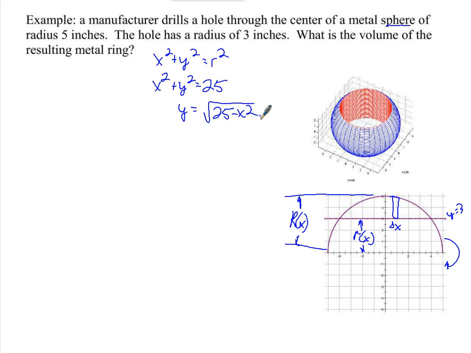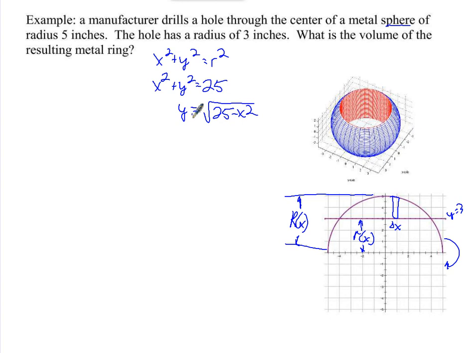We're dealing with the positive portion, so I just need to write the positive square root. All right, so are we good to set up the integral now, or do we need more information? We need the intersection points. We can see on the graph what they look like, but we need to be sure.